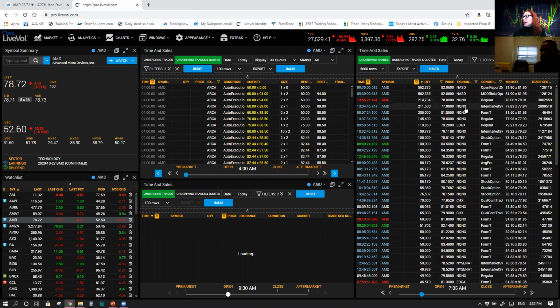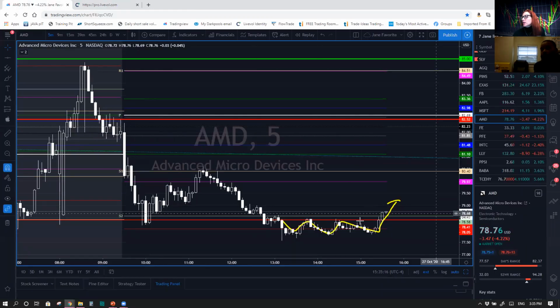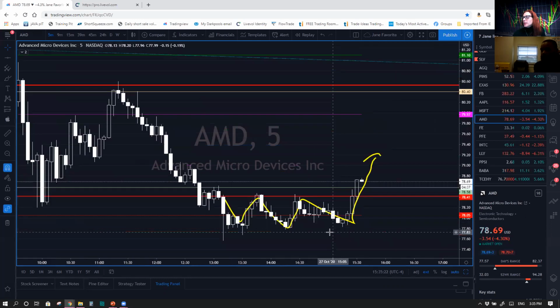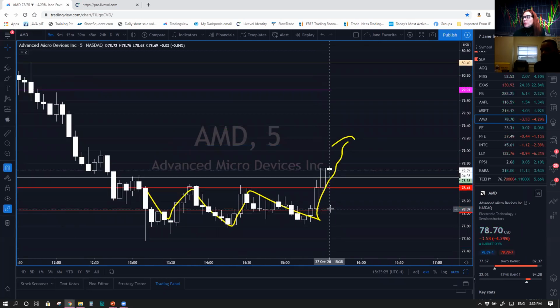$78 and $77.88. This is obviously a short, and 78 looks pretty strong. We're above that right now. You guys see right here, we have this red line. I'm going to teach you all about these targets.